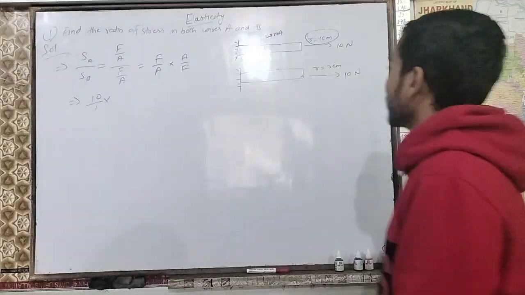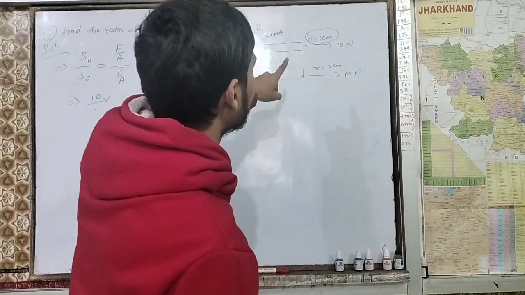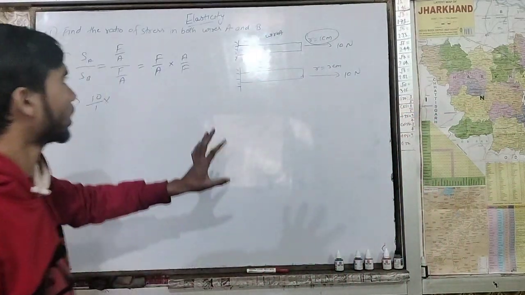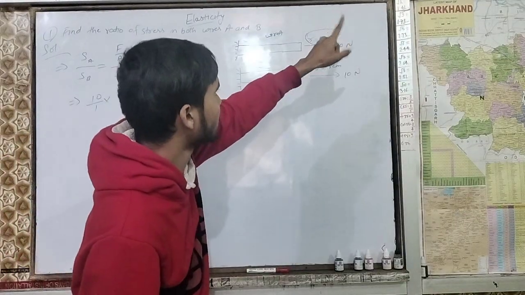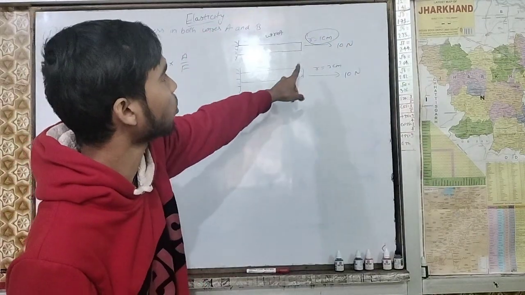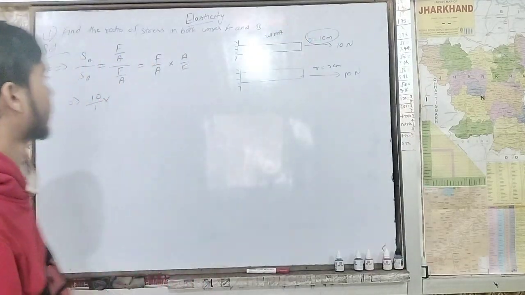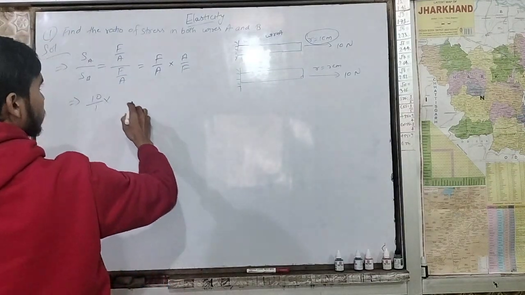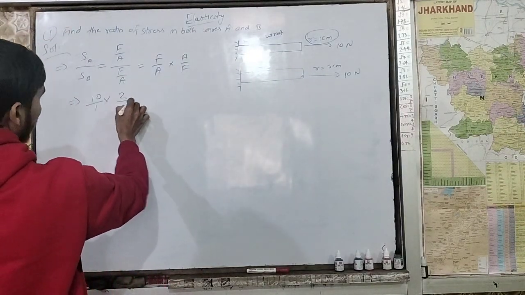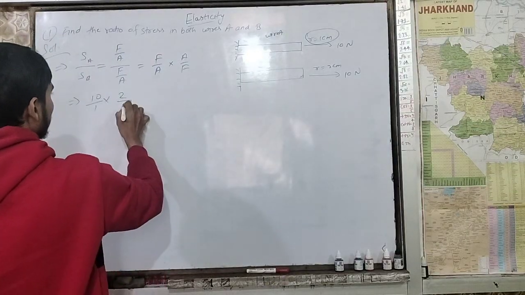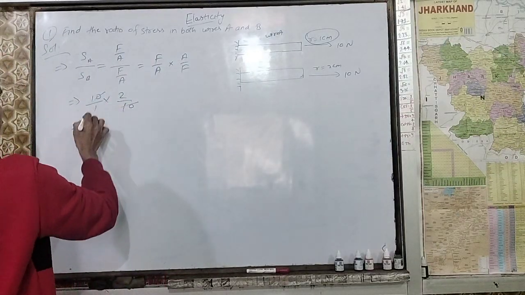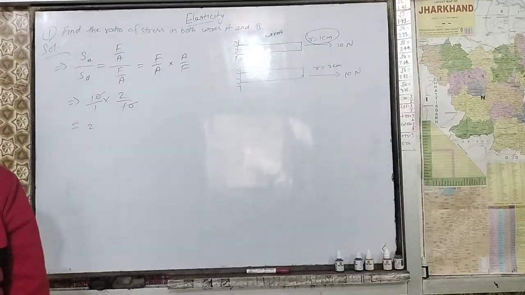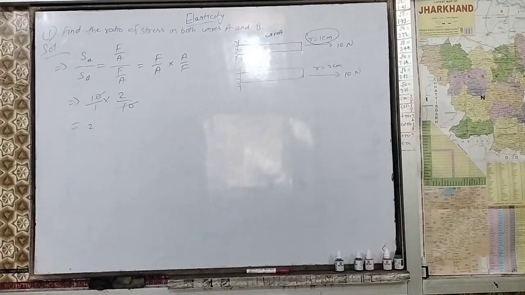Okay. So since we have understood that this is the radius of the cross-section area of this wire, what is the area for this wire? F is 10, and then simplify it, 2 will come.